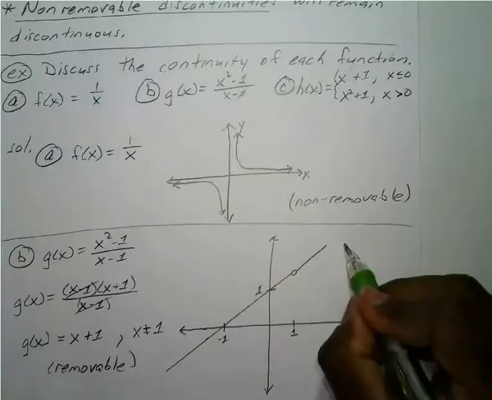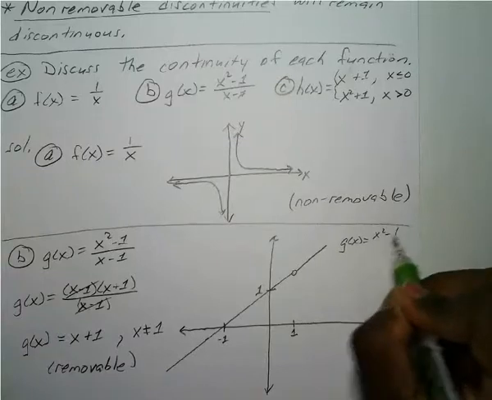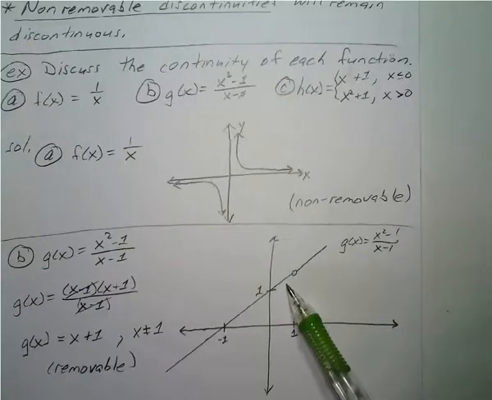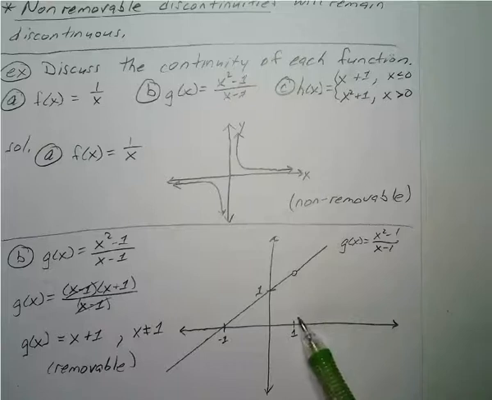So this is a graph of g of x equals x squared minus 1 over x minus 1, where we would be able to figure out the limit really anywhere on this graph. We can even figure out the limit as x approaches 1. Okay.